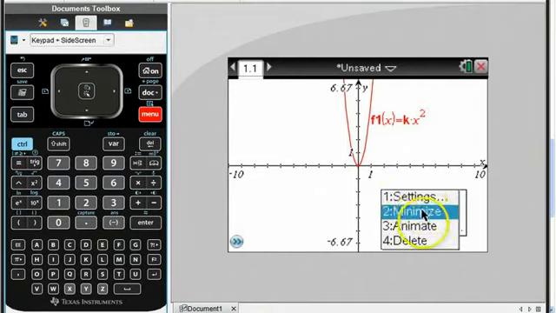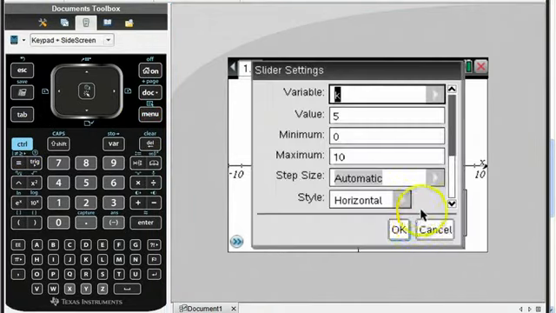And this box comes up so we can change our settings. Don't do anything with the variable. But here's where, if you had accidentally typed in enter and something else was labeled there, we could change that variable to be k. But I'm going to change my minimum, my starting value, to -10.